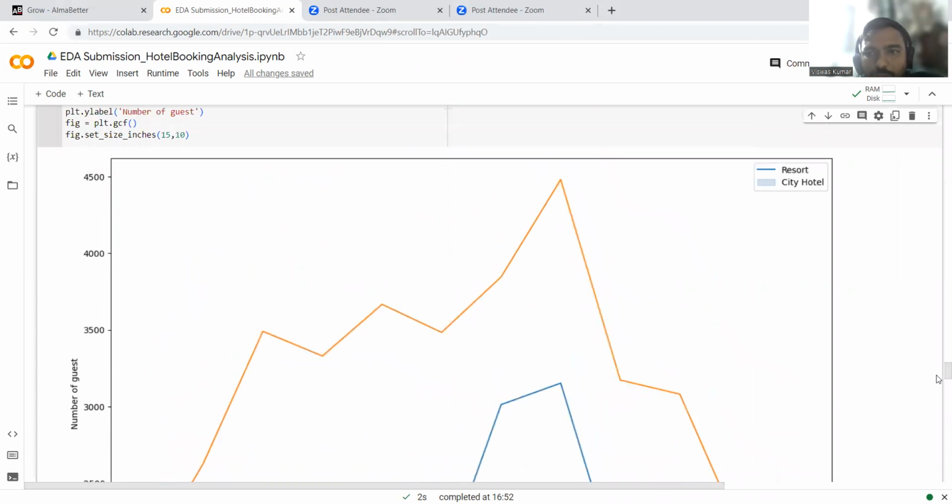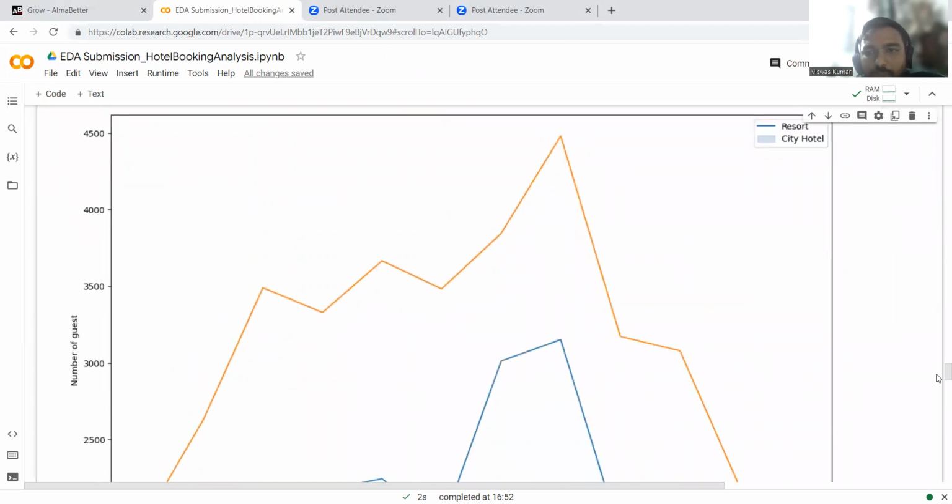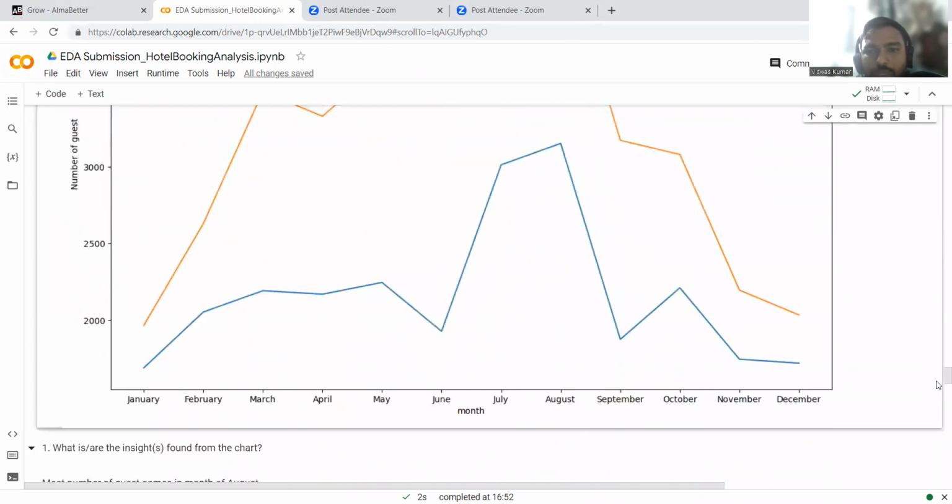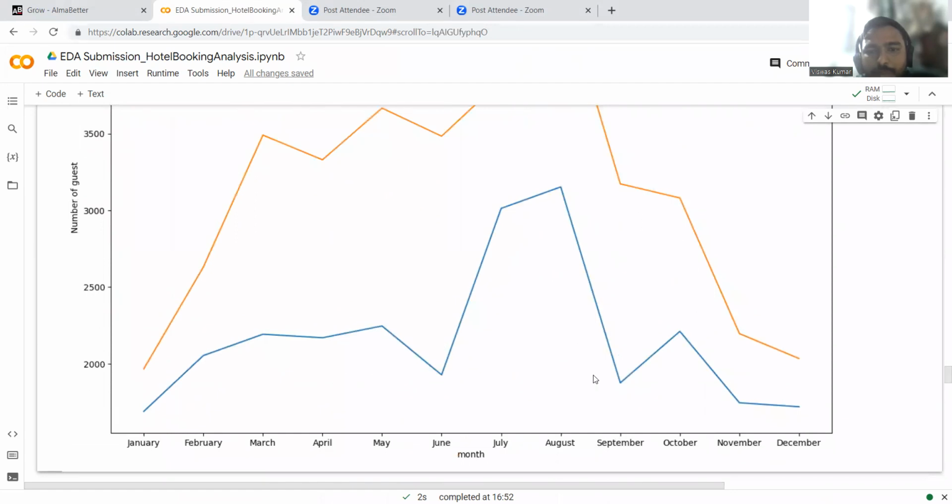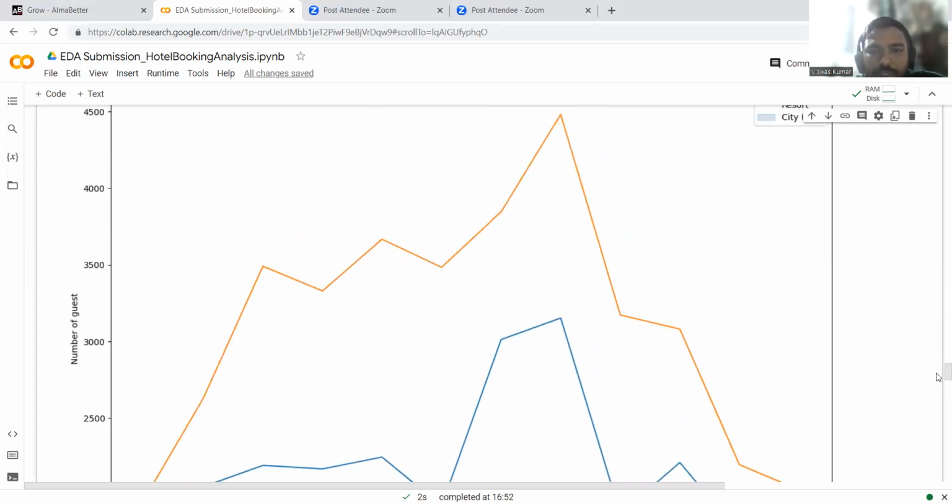In this, the orange color is the city hotel, and the blue line represents the resort hotel. Mainly in the months of June to September, we can observe a peak in both the city hotel and the resort hotel. The number of guests has increased so much.